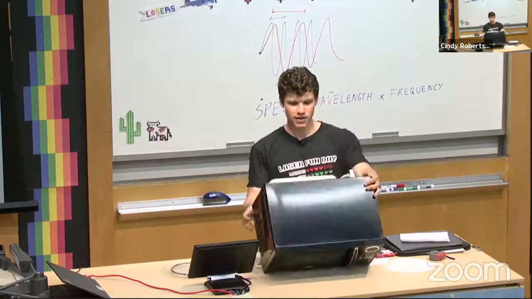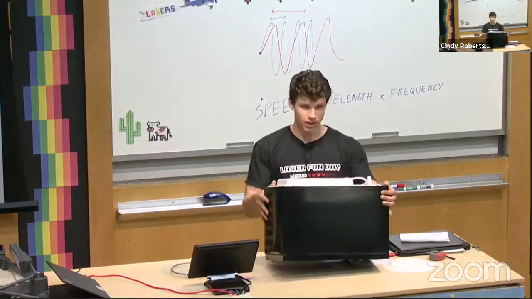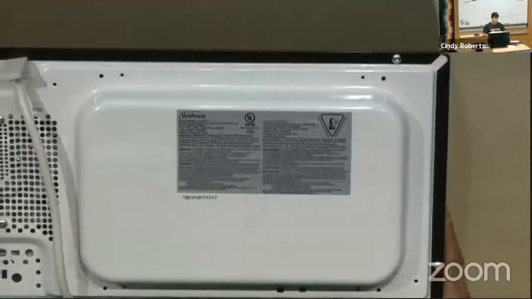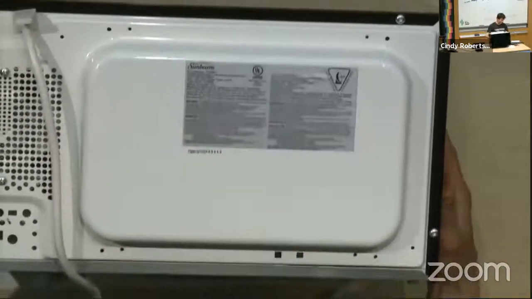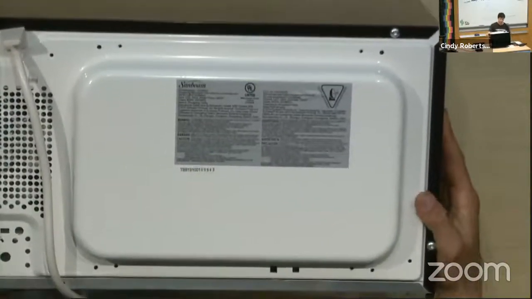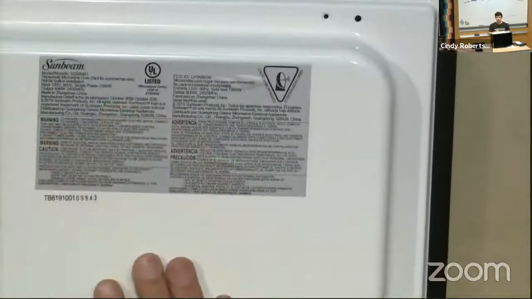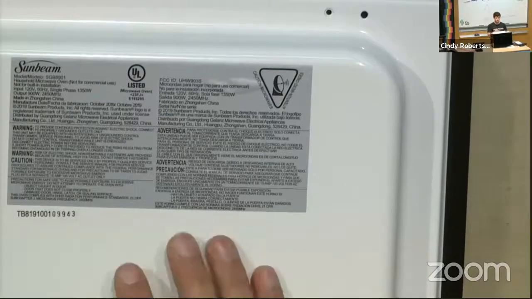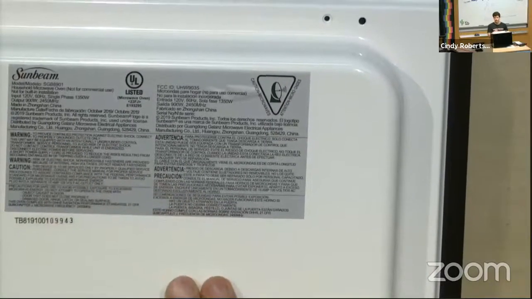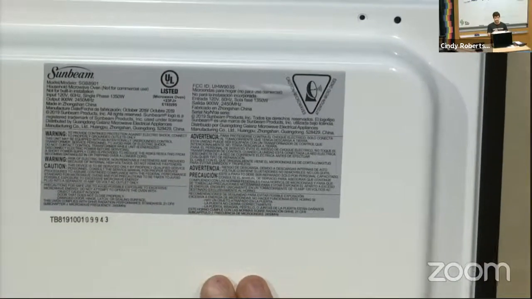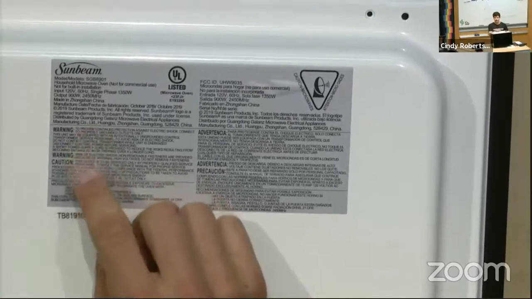I'll flip it like this so that we can see together what I'm looking at. And if you can't get to the back of the microwave, don't worry, most of them use about the same frequency of microwaves, so you can use the value that I'm using here.